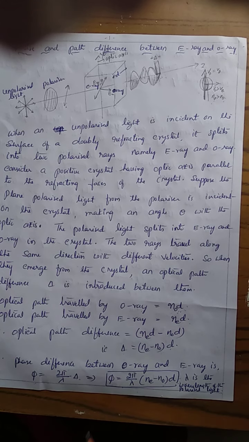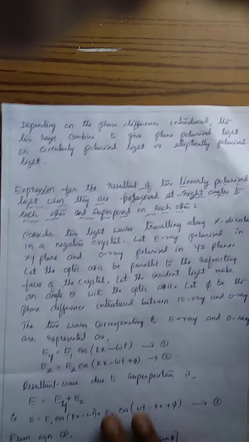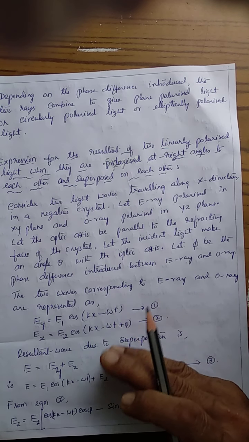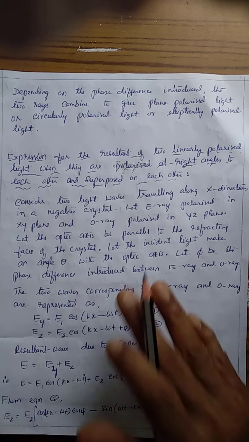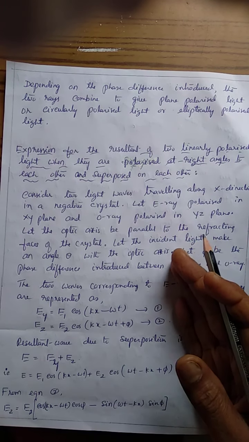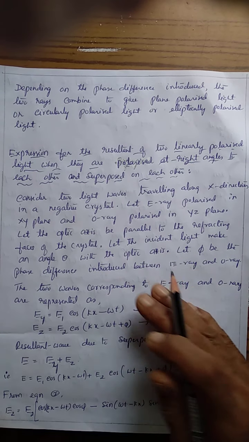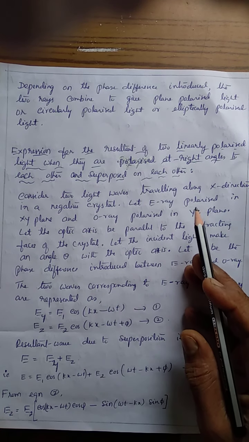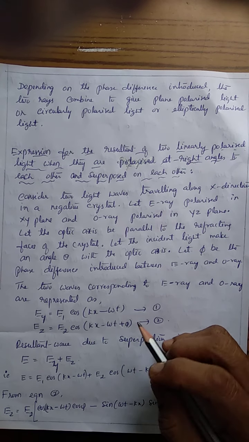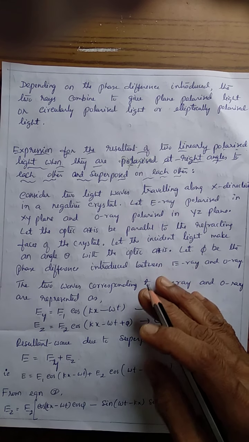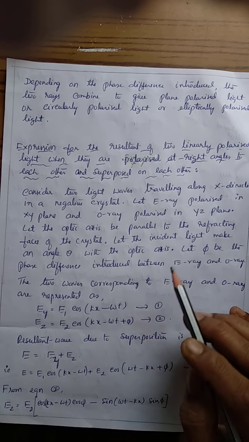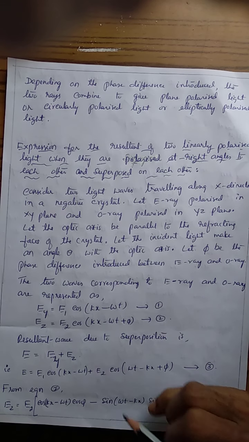Depending on this phase difference, when the two rays are superposed, different types of polarized light can be produced, like plane polarized, circularly polarized or elliptically polarized. That depends on the phase difference introduced between those two rays when they emerge from the crystal.